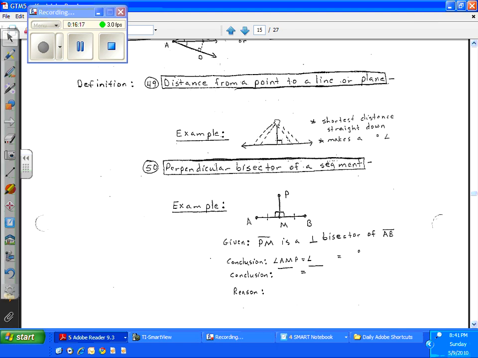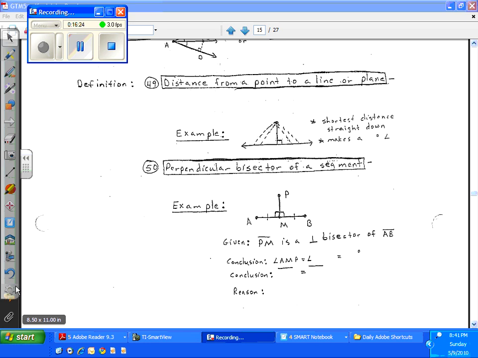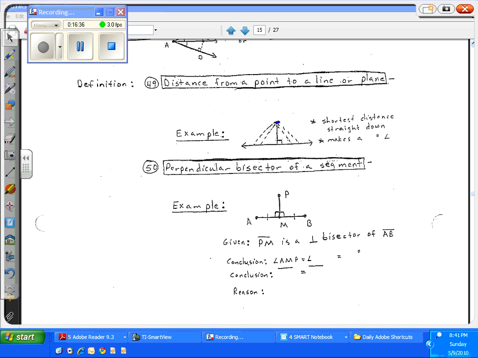The distance from a point to a line is defined to be the length of the perpendicular segment drawn from the point to the line.